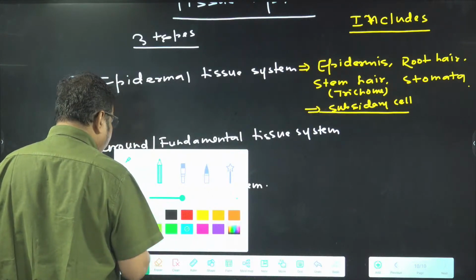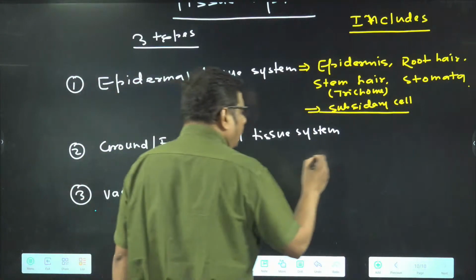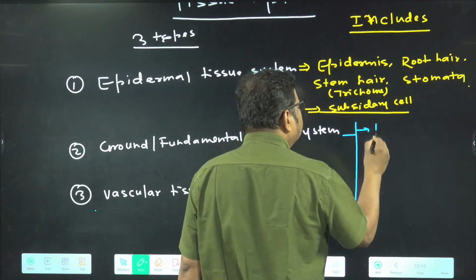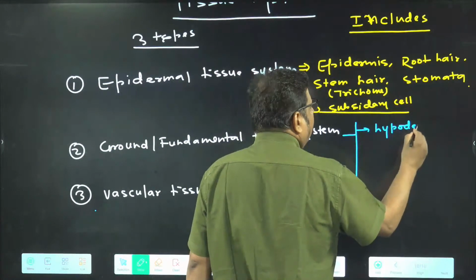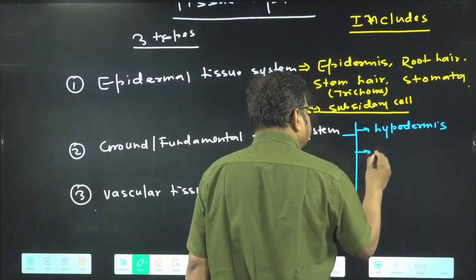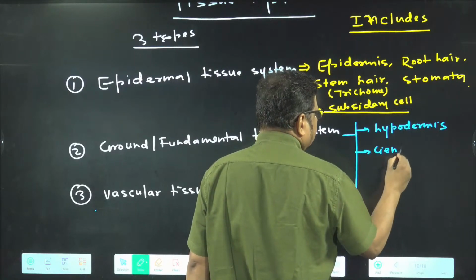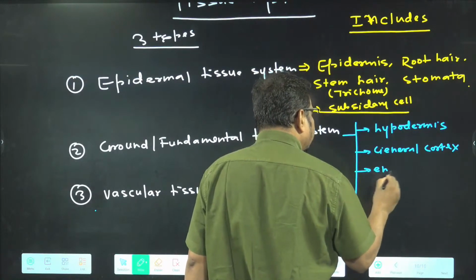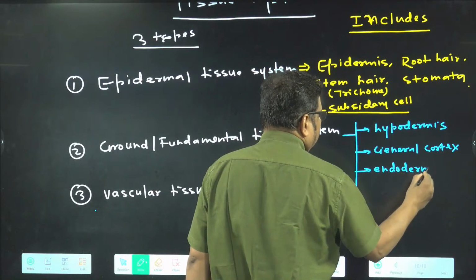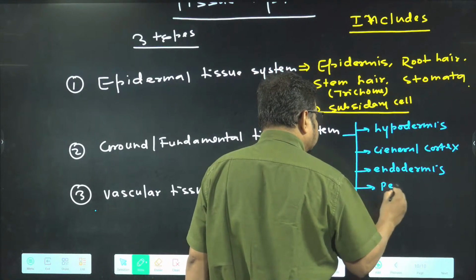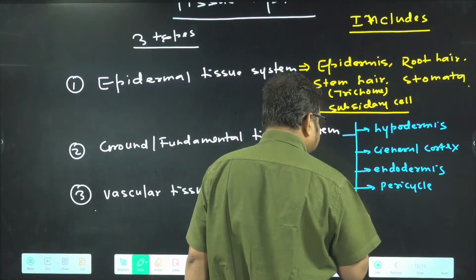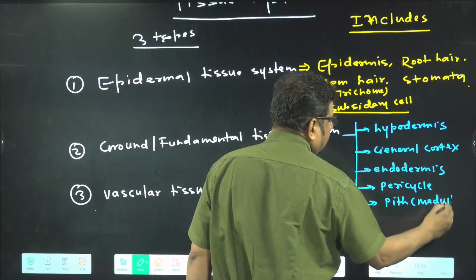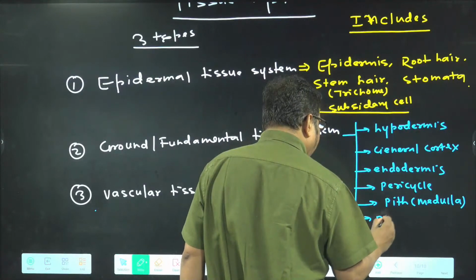Who is included in the ground tissue system? Let me write. So ground tissue system includes hypodermis, general cortex, endodermis, pericycle, pith or medulla, pith ray or medullary ray.